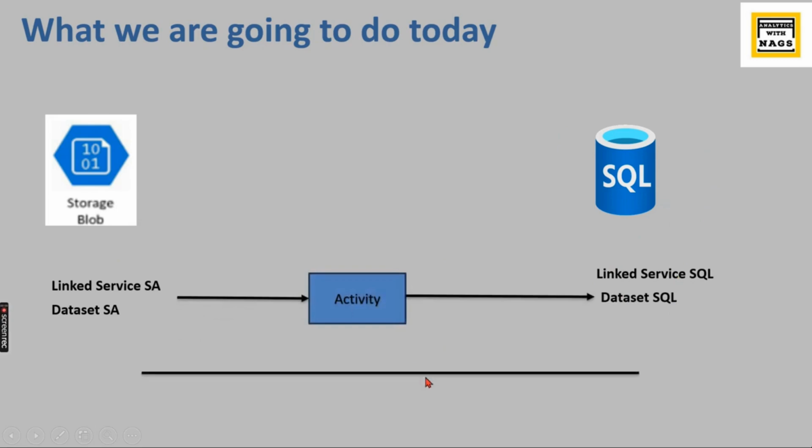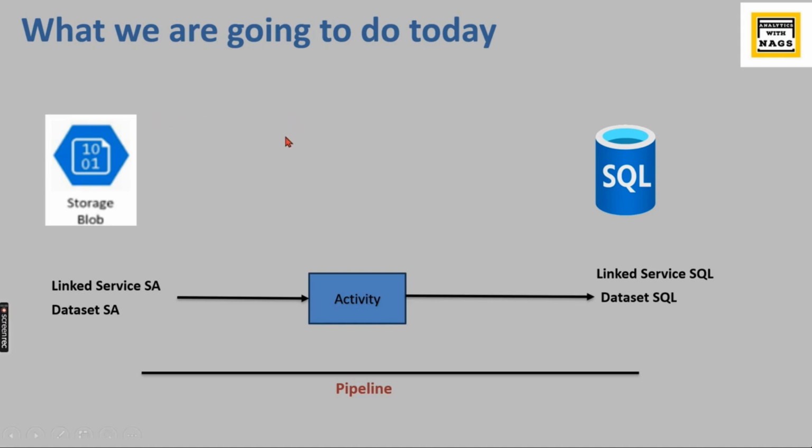Then we created an activity inside a pipeline. That activity takes one of the files from the storage account and loads it into a table inside the SQL server. This is what we did. So it is clear right now.